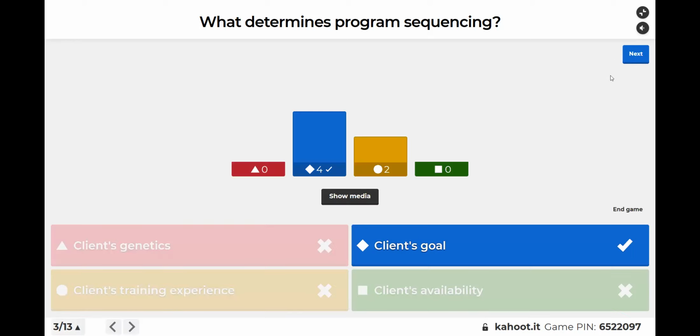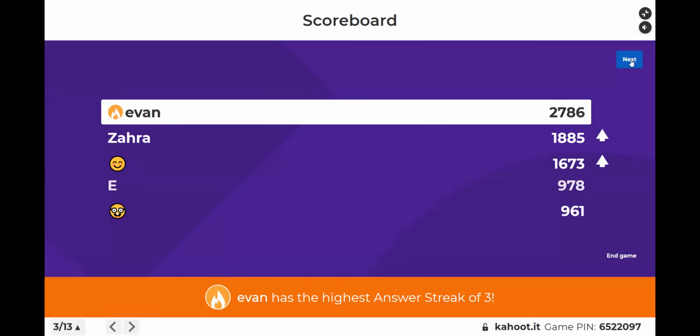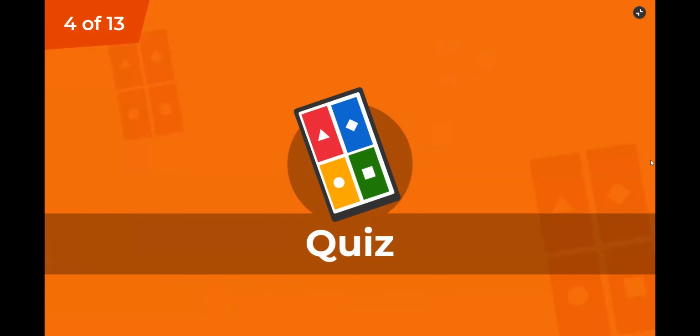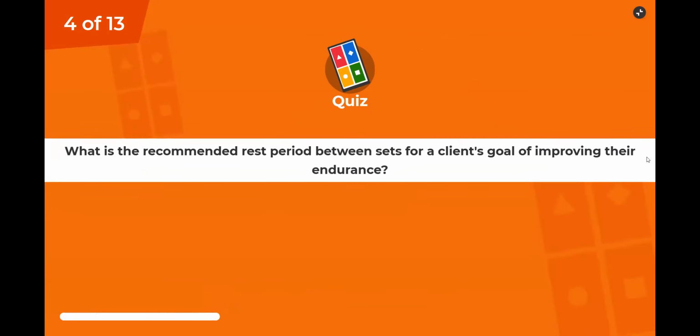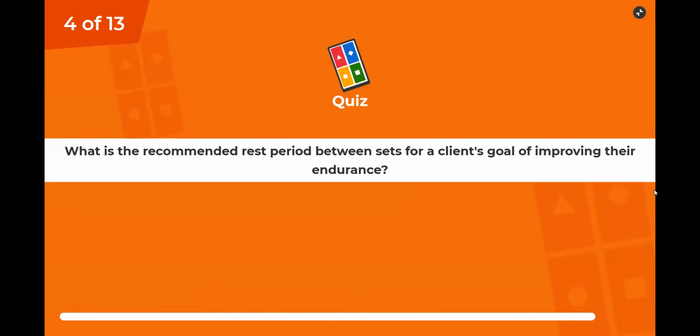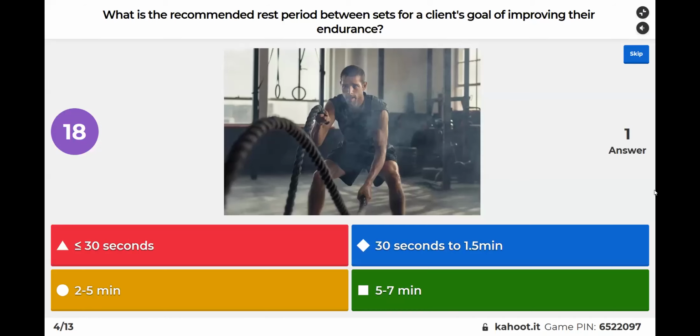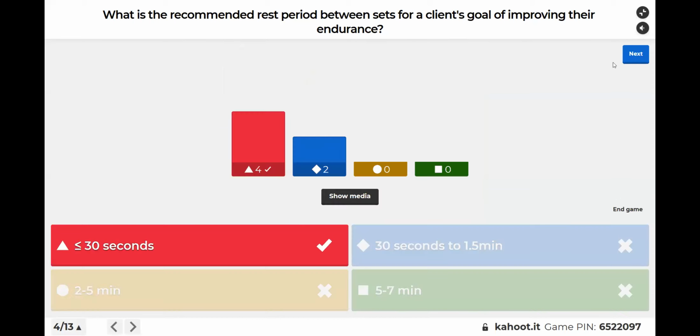It is the client's goal that will determine how you sequence their program. Awesome.